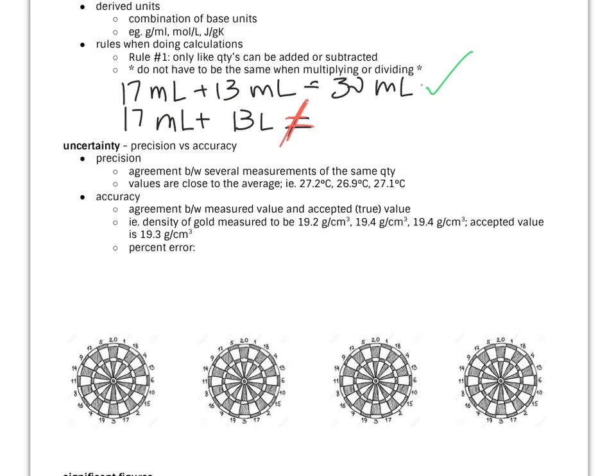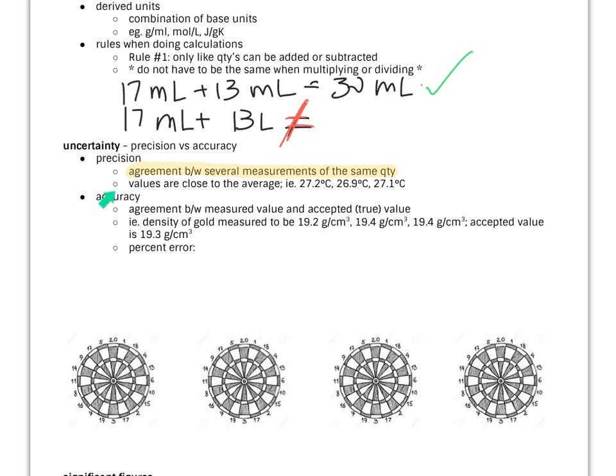And they're probably words you've heard of but have never been defined for you. So the first one is precision. And so precision is the agreement between several measurements of the same quantity. Okay, so it's just the same quantity. If you're getting the same number over and over, or nearly the same number, that's precision.